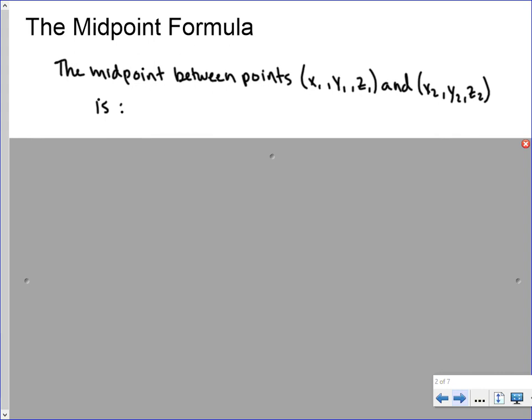I'm going to write it as an ordered triple, with a parenthesis, and sometimes we label the midpoint as capital M. So M equals x sub 1 plus x sub 2 divided by 2, y sub 1 plus y sub 2 divided by 2, and then only adding z sub 1 plus z sub 2 divided by 2. Have you all seen it?